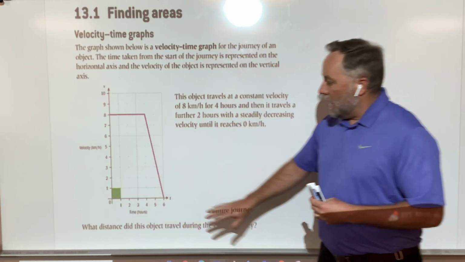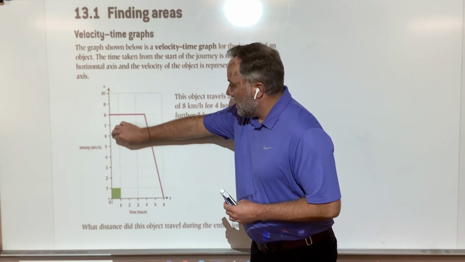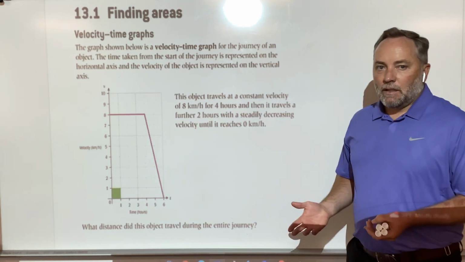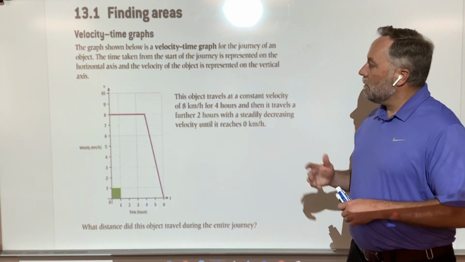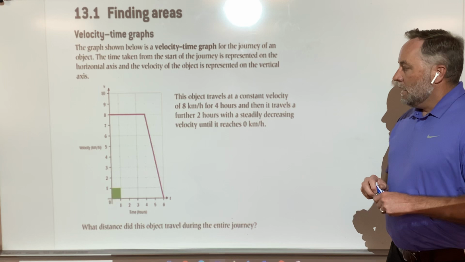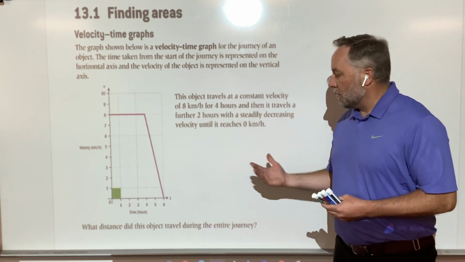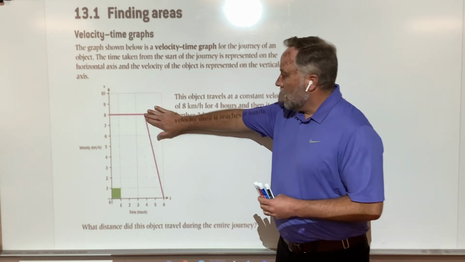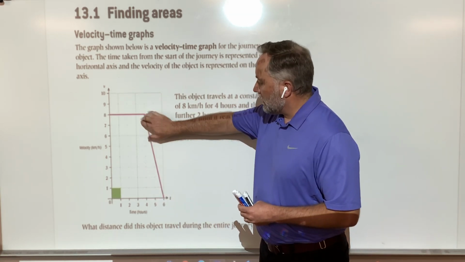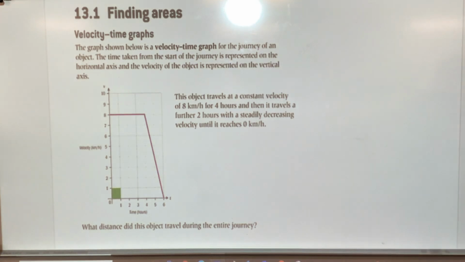And if we could find all of the area underneath the curve, then that's going to give us our total distance. So the way that we start in 13.1 is by using some shapes that we know how to find the areas of. So in this case, we'll see in just a second, it gets separated into a rectangle and a triangle. So let's check that piece out.